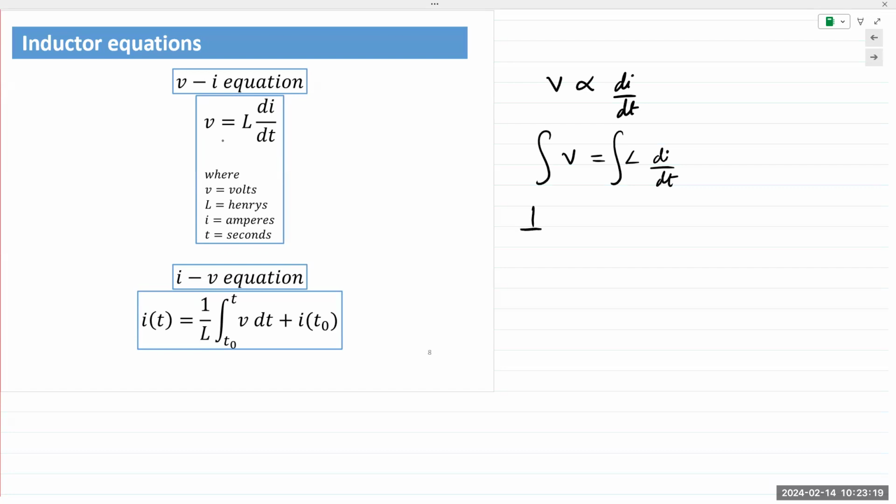It becomes 1 over L, integral of V, and this is I. Okay, and that's reflected in this equation right there, and I will explain each term in there. So V is directly proportional to di over dt, and I is the integral of V. So just to give you a brief explanation of that expression.